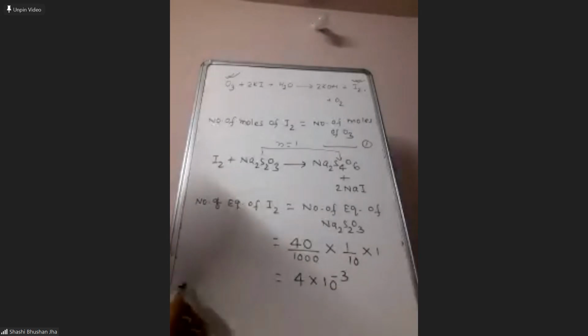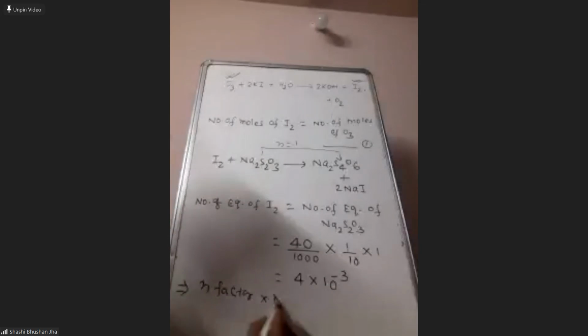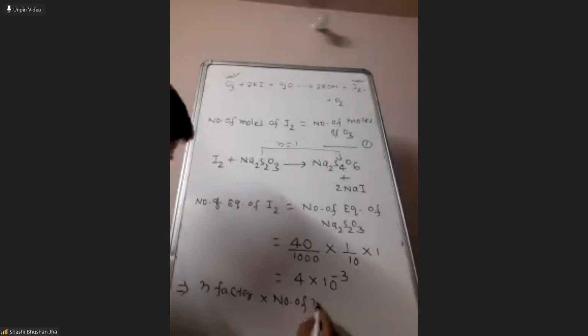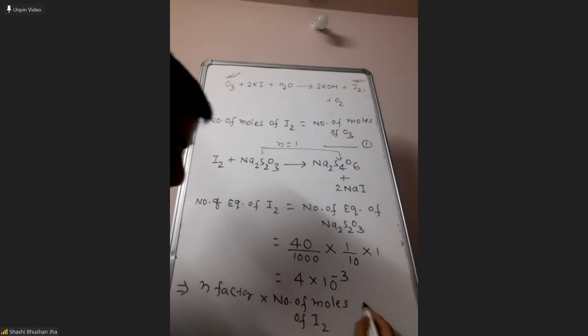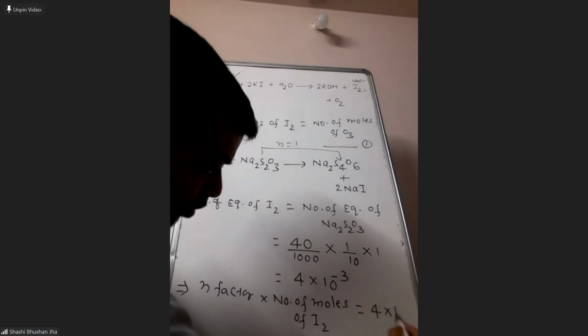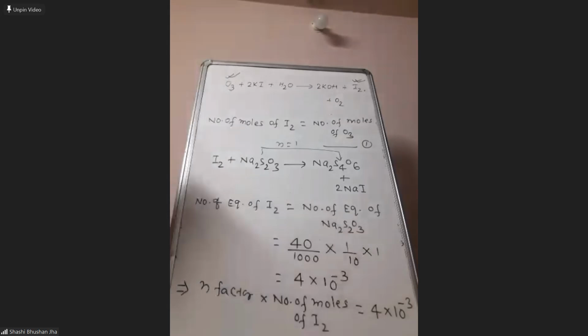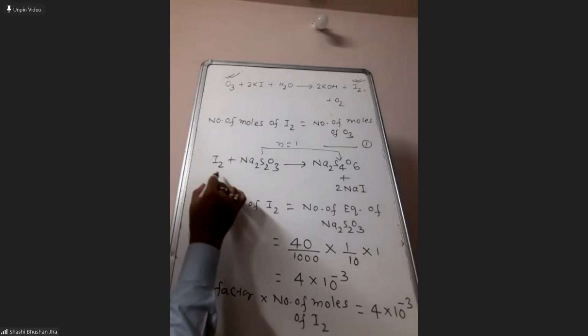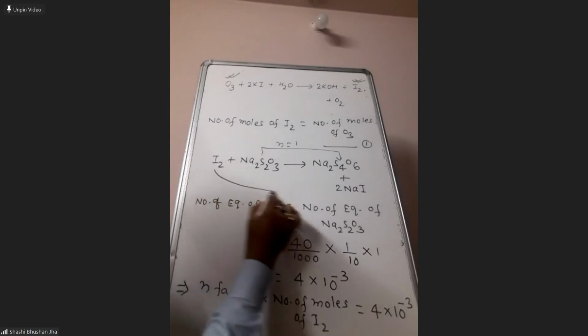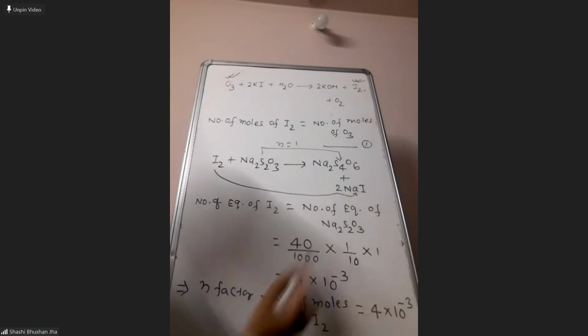So you got the number of equivalents of iodine, and the number of equivalents of iodine will be the n factor of iodine multiplied by the number of moles. This will be equal to 4 into 10 to the power minus 3. Now, in this reaction, iodine is transforming to sodium iodide.